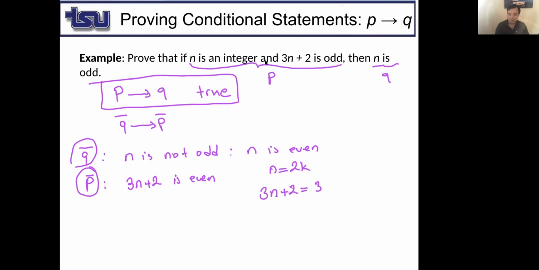Isn't it 3 times 2k plus 2, which is 6k plus 2, okay? And then if I take 2 out in parentheses, 3k plus 1, and if I call this r, 2r. As you see, if n is even, 3n plus 2 is also even. So instead of P implies Q, we proved Q naught implies P naught.